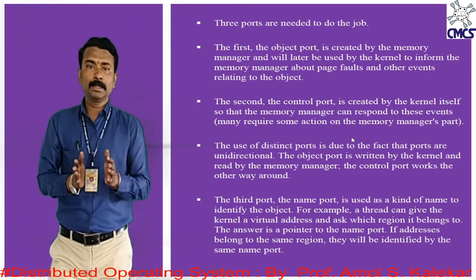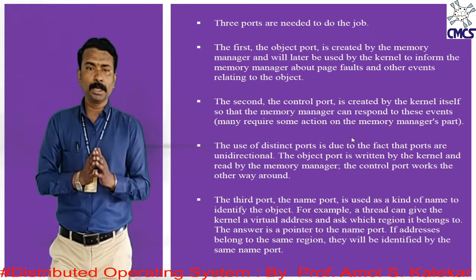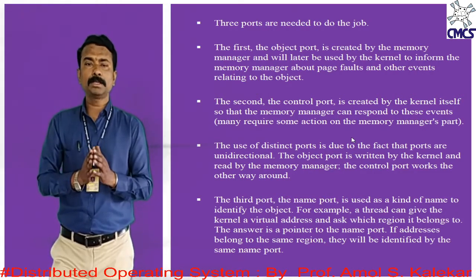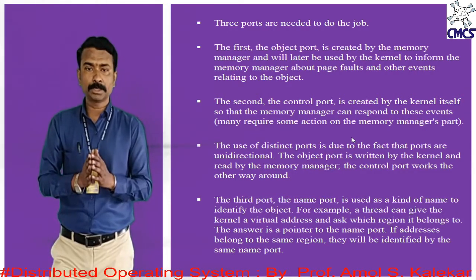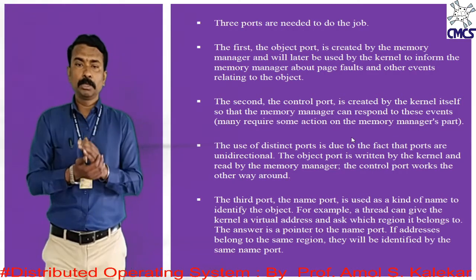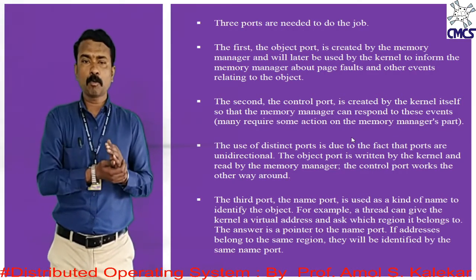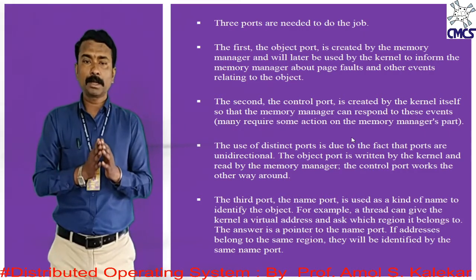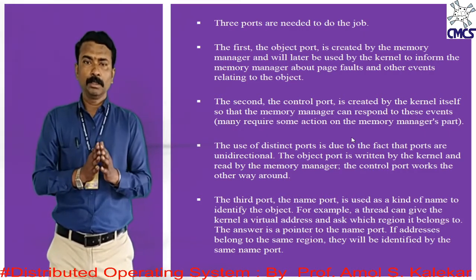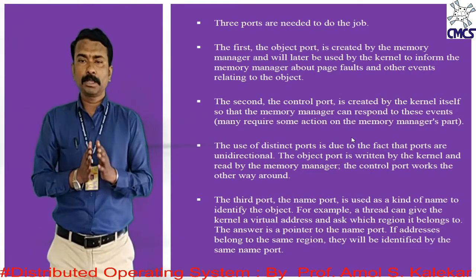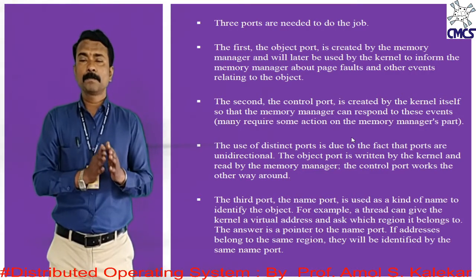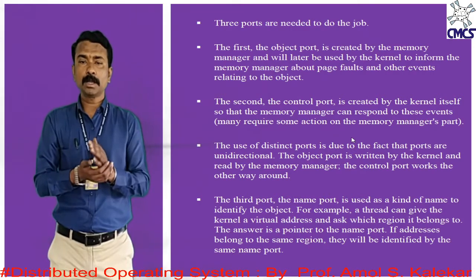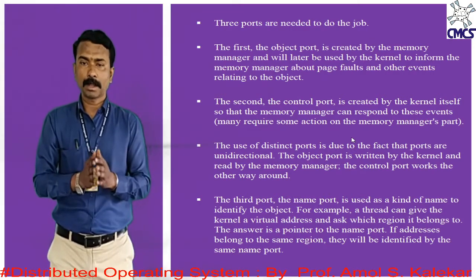The second, that is the control port, is needed by the kernel itself so that the memory manager can respond to these events. Now, the use of the distinct ports is due to the fact that the ports are unidirectional. Okay, now the object port is written by the kernel and read by the memory manager. The control port works the other way around.